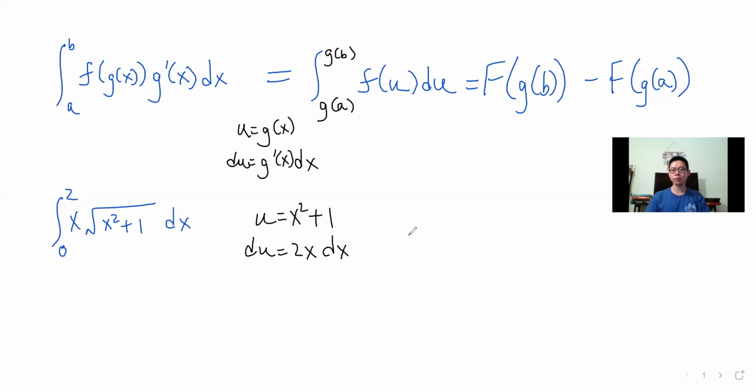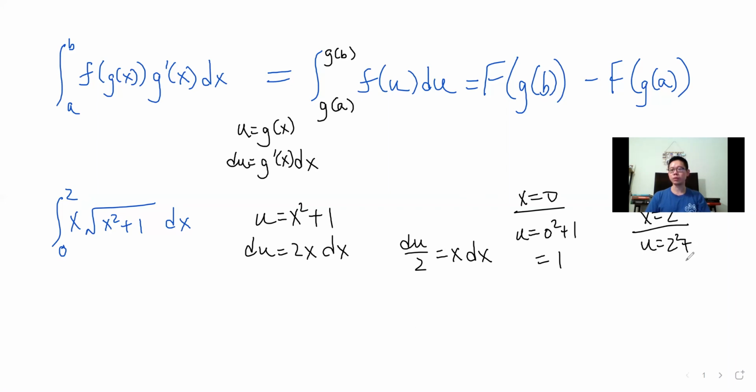Divide that over: du over 2 is x dx. If you need to write these out, I would do it. When x equals 0, u equals 0 squared plus 1, which is just 1. When x equals 2, u equals 2 squared plus 1, which is just 5.